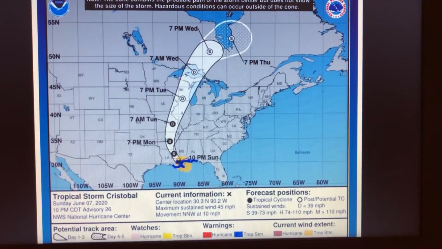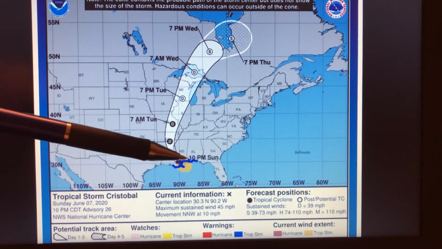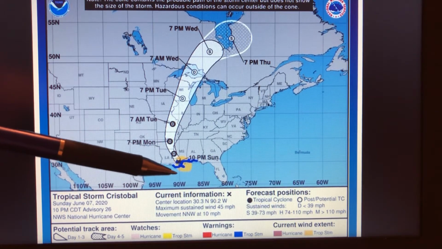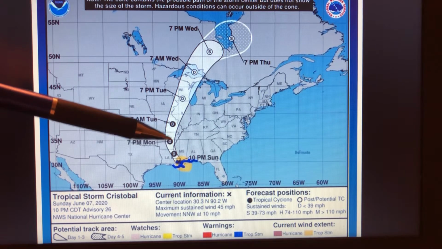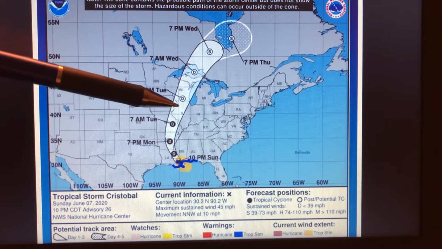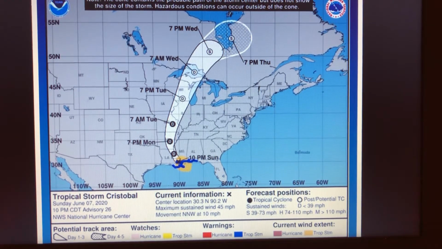So right now, it is June 8th, and you'll see this is Tropical Storm Cristobal that made landfall on Sunday, June 7th. And as it's coming through here, you can see as it made landfall, it started to fall apart, but it's moving way north and it's bringing all of that rain and moisture with it.